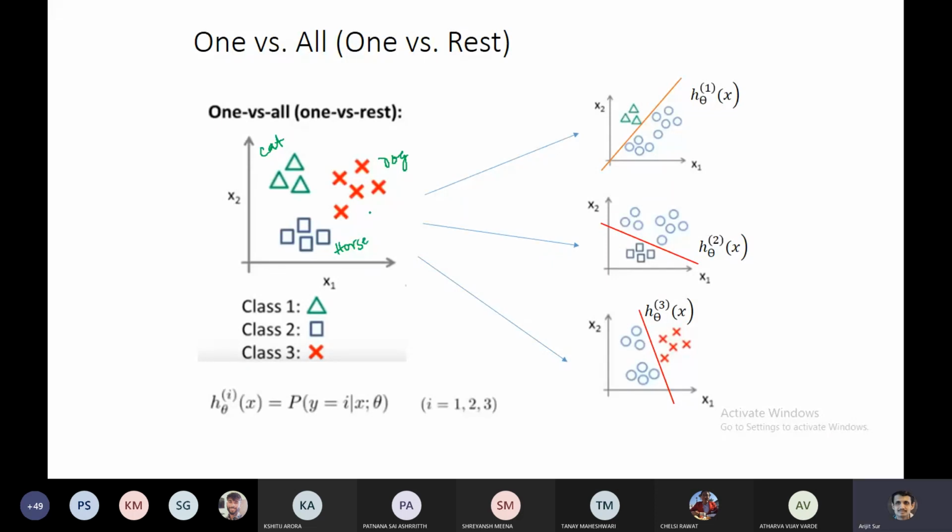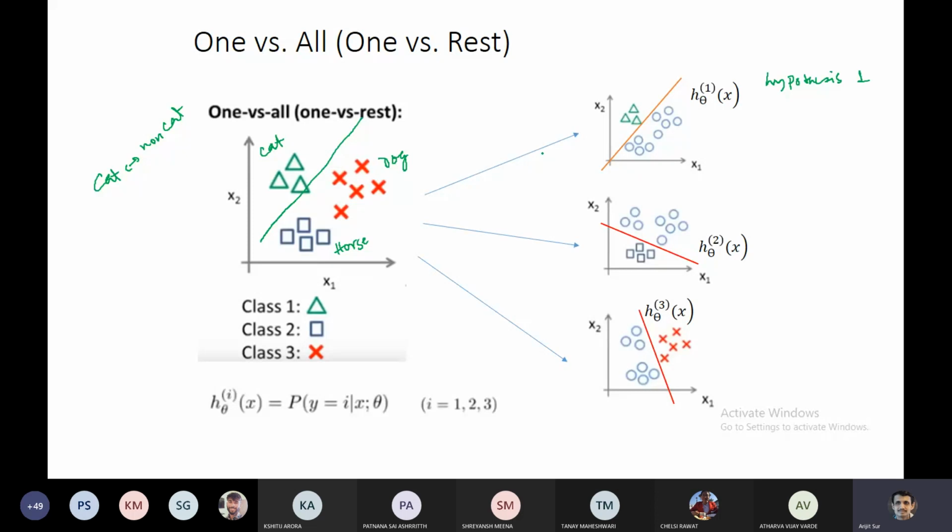First we classify cat versus non-cat, with a decision boundary something like this. This is our hypothesis function 1, h theta 1.